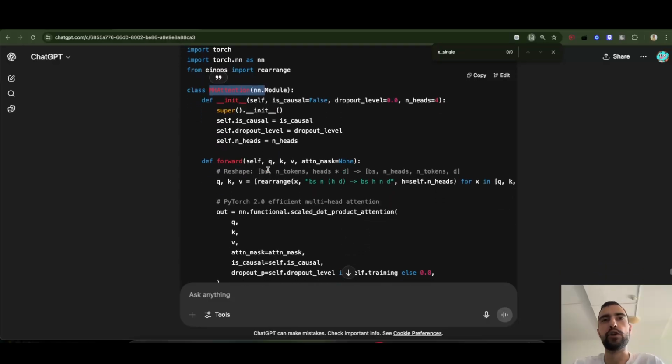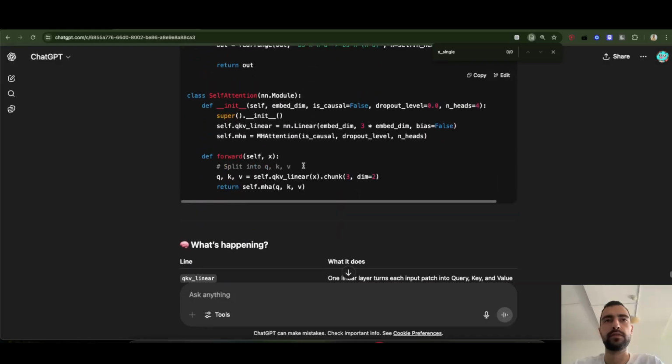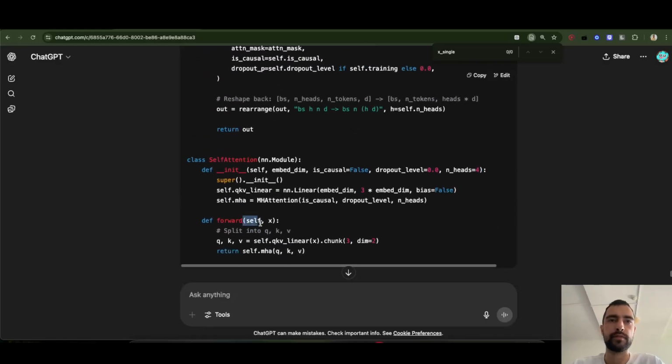So here in the forward, we will pass query, key, value here. We are getting X, the tensor X, in the self-attention forward. And then we will extract query, key, and value by first passing X through our linear projection layer to project it into 3 times bigger size.